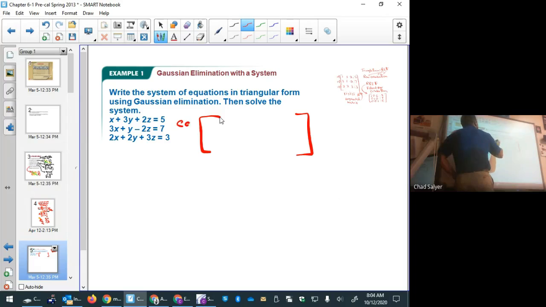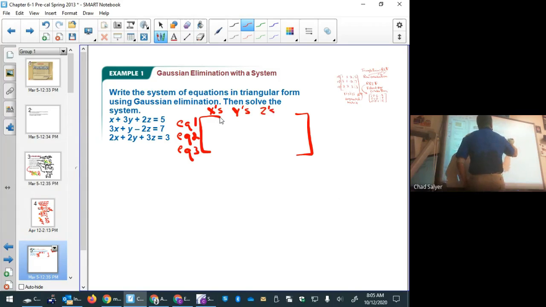We're going to use equation 1 for the first row, equation 2 for the second, equation 3 for the third. We're going to use the first variable for the first column, the second for the second column, the third variable for the third column, and then the number that they're equal to for the augmented solution column.